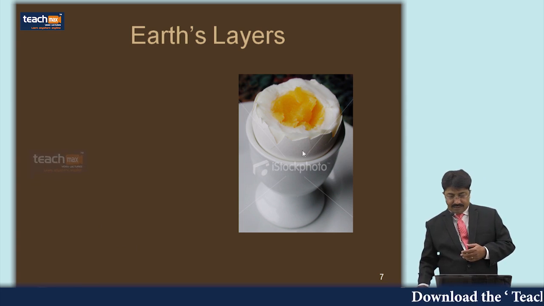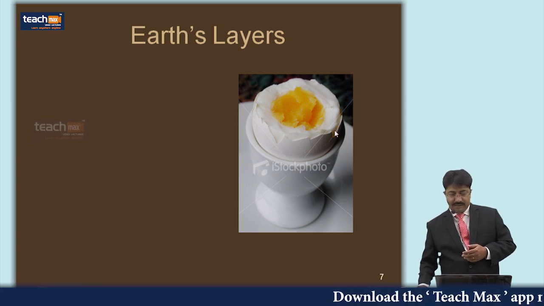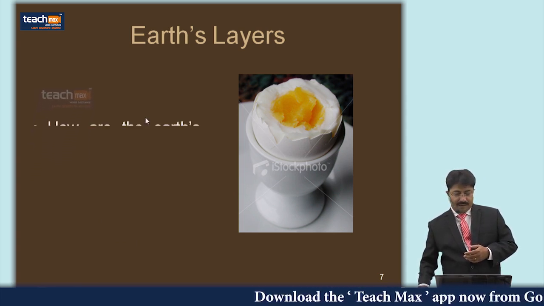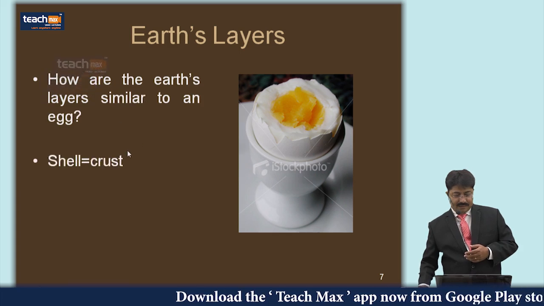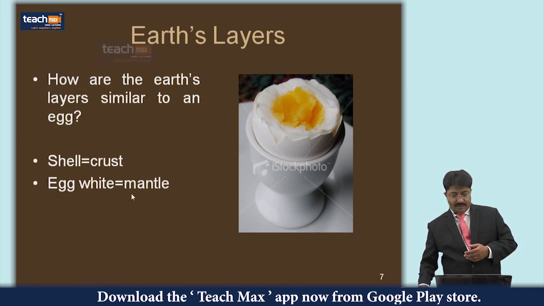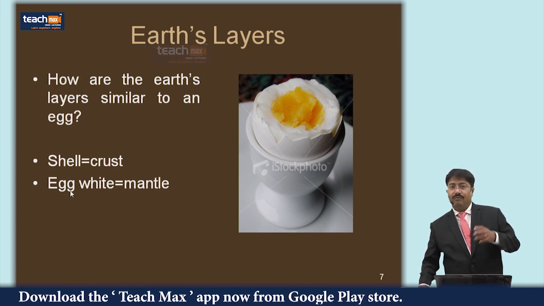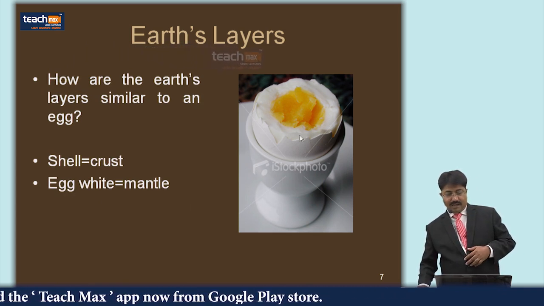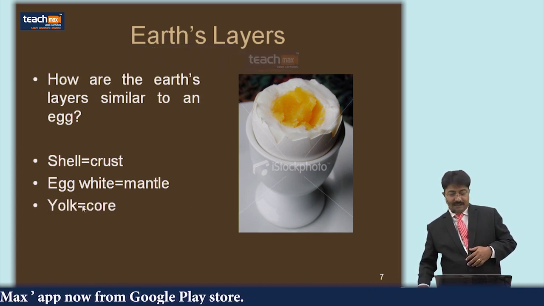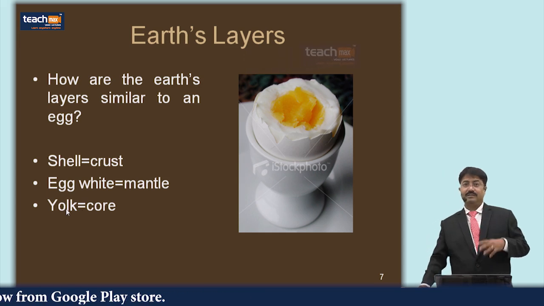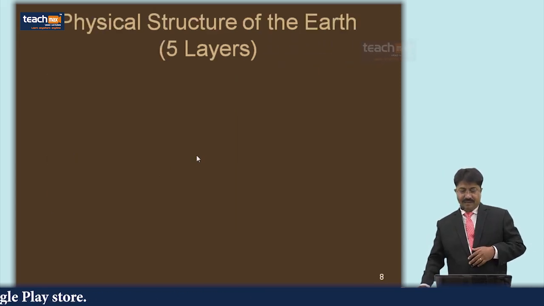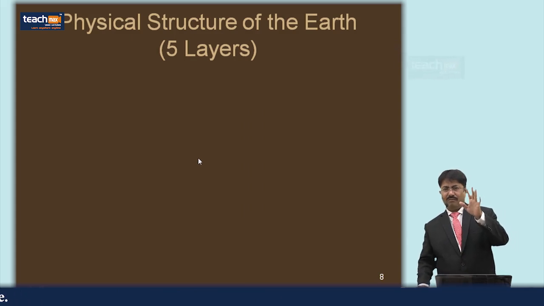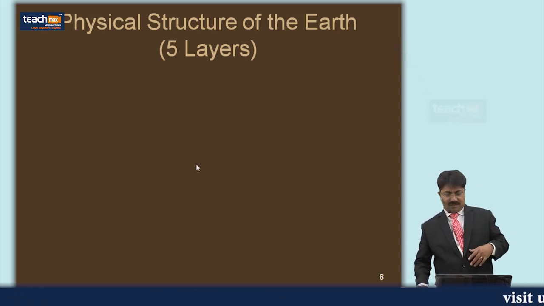Here you can observe it. The outer part is solid, the inner part bulk. The egg white region is called the mantle, and the yellow yolk is called the core. This is just to justify how the structure is being distinguished.